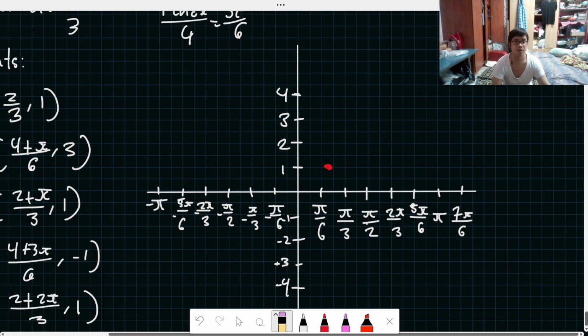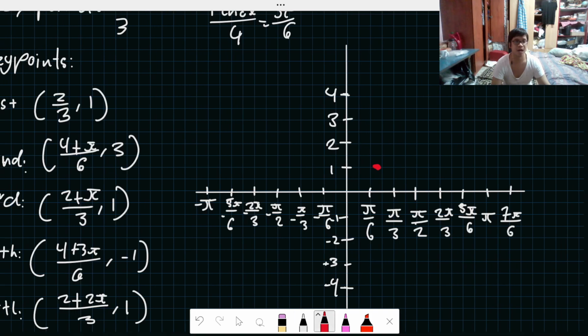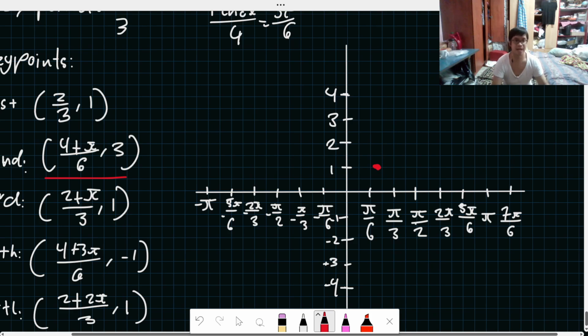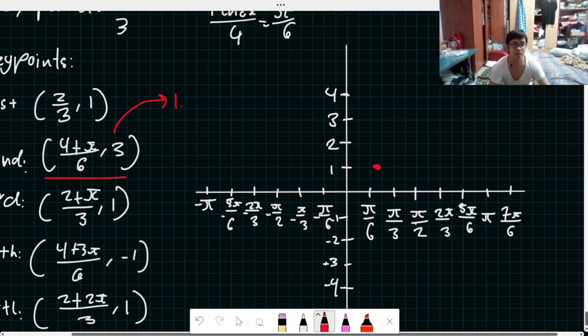Like next, your second key point here, we have 4 plus pi all over 6. So by calculator, 4 plus pi all over 6 is approximately 1.19, okay? And again, what's pi all over 3? Pi all over 3, I do believe I forgot.